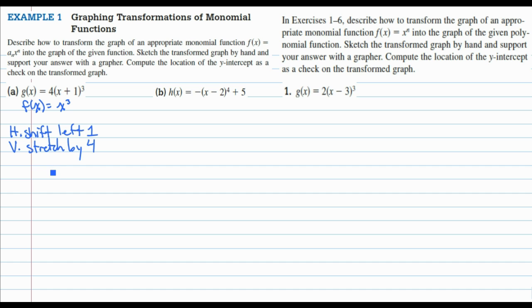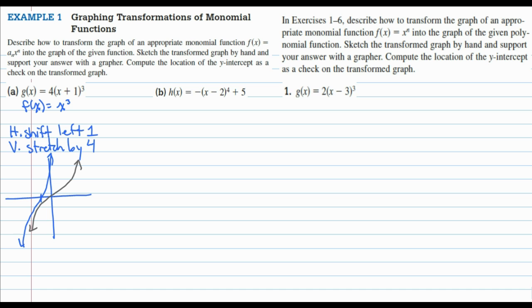So I know the basic y equals x cubed function looks something like, let's make that gray, something like this. So my new x cubed function is going to have a shift left 1 and a vertical stretch by 4, because it's going to look a little bit skinnier, and the x-intercept is going to move over 1.